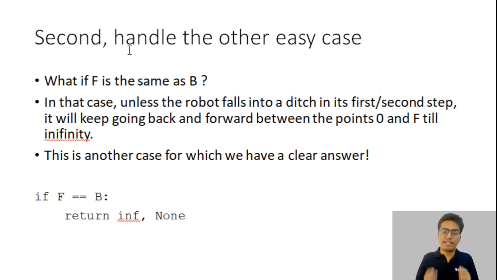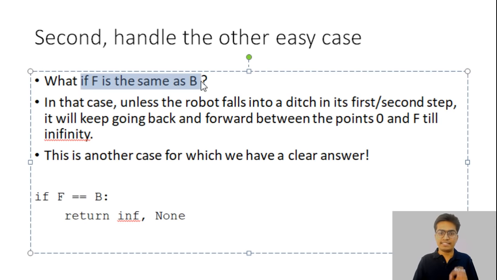Then forever and ever it will keep going from 0 to F, from F back to 0, 0 to F, F back to 0, right? This can happen when your forward step and your backward step are equal values. So again, just work through it once.